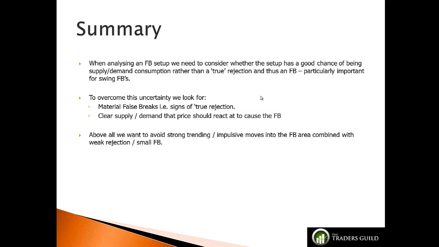So above all, what you want to be able to conclude, depending on your risk tolerance, is that strong trending impulsive moves into the FB area combined with weak rejection, materially small false breakouts, significantly increases the chances of that setup being supply demand consumption rather than true rejection, and thus a true false breakout setup.